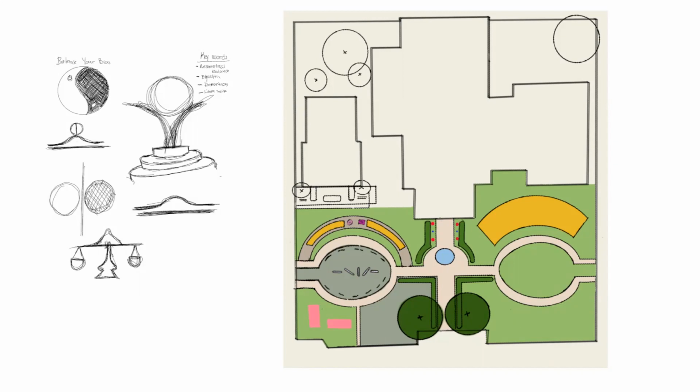The first one is balance your bias. When you think about balance, you think about yin yang, you think about the Libra scale and everything. So I incorporated the Libra scale into my design for justice, balance, and all of that.